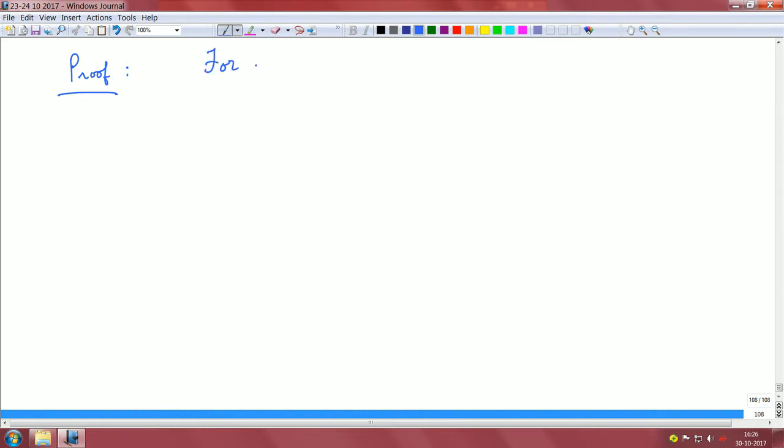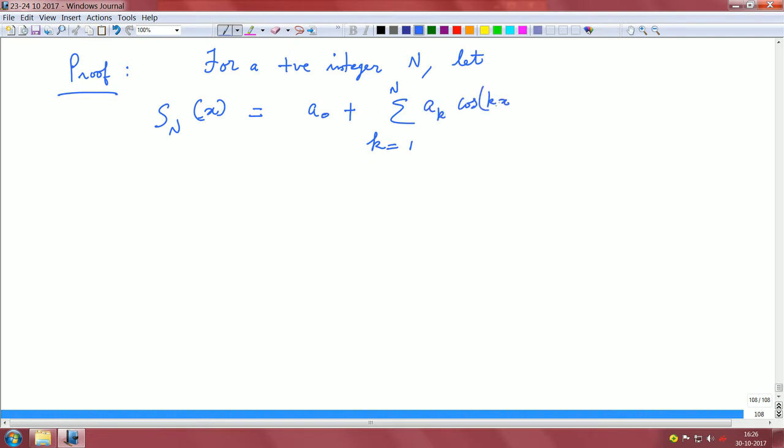Now, for a positive integer capital N, let us define the sum Sn of x is a naught plus summation k equals 1 to capital N a k cos k x plus b k sin k x.